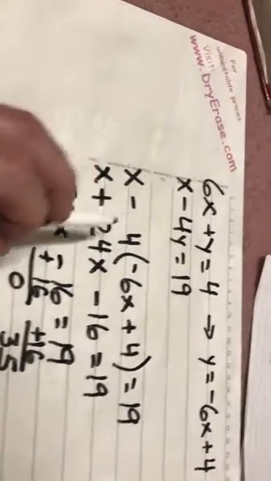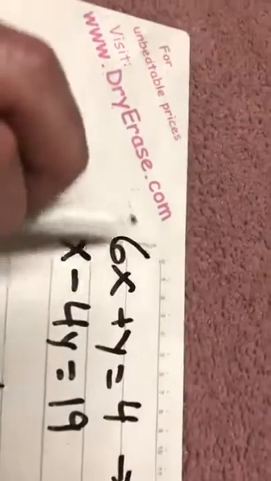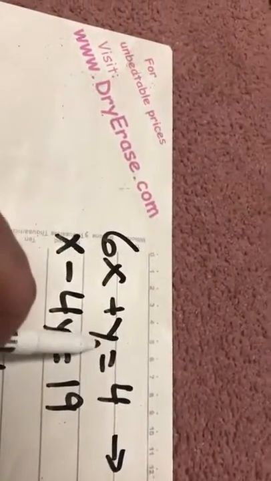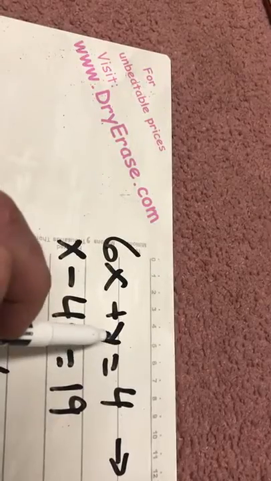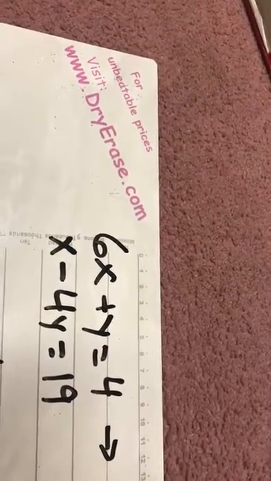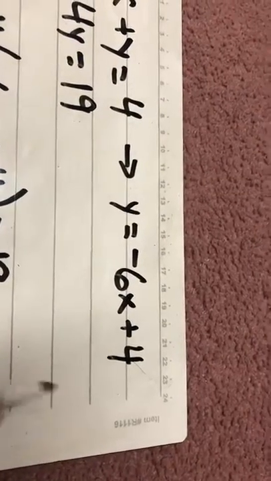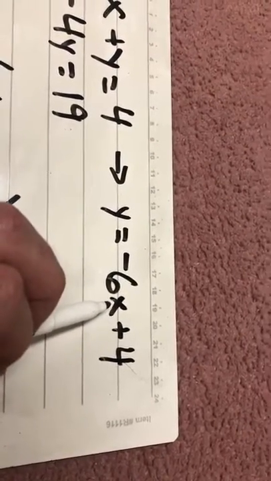So let's take this idea of x equals 1.4 and plug it into this equation right here. Because here y is isolated, and now that's what we're trying to figure out. So that's kind of what we want to do. All right, and in fact, we can come over to this equation that's already with y isolated and in slope-intercept form and plug in our 1.4 for x.